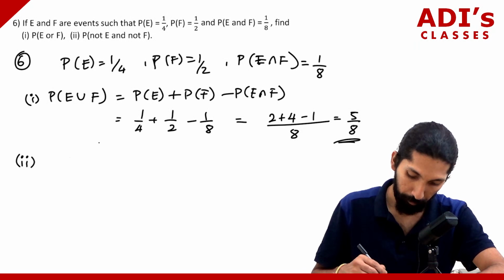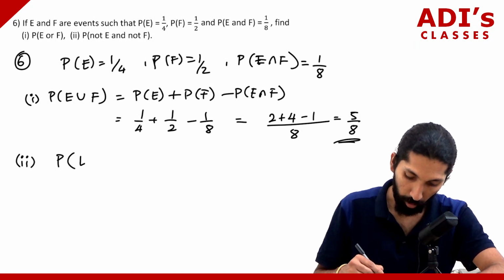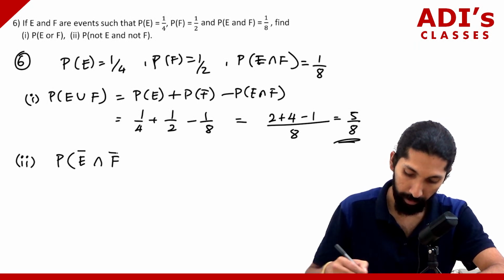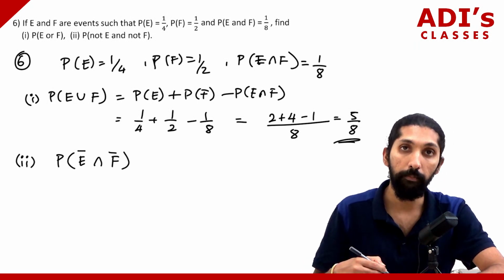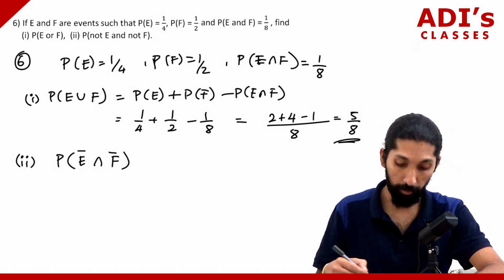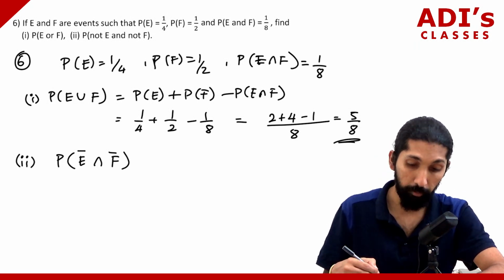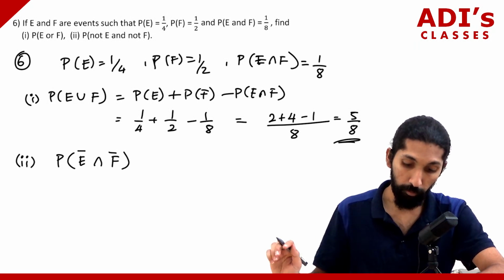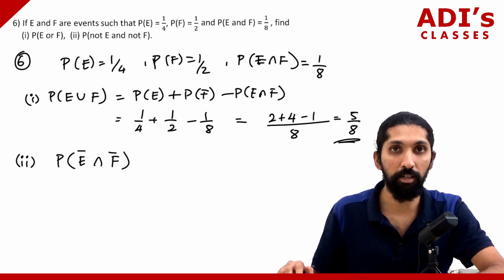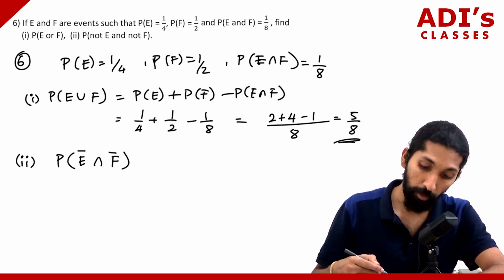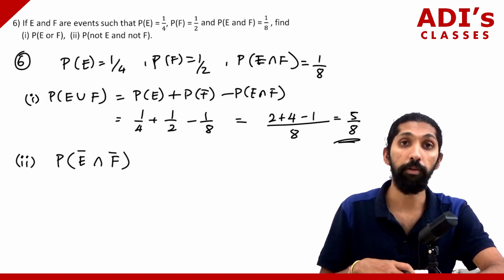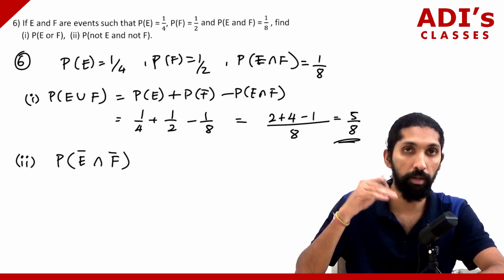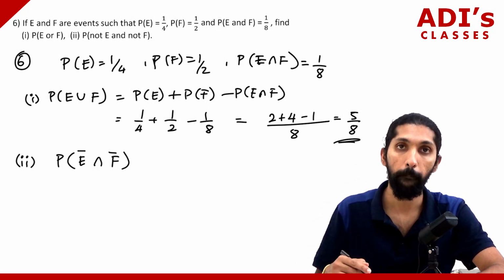you have P(E complement intersection F complement). See, first, what we'll do, we have to calculate what is E complement, right? If P(E) is 1 by 4, then P(E complement) is going to be 1 minus 1 by 4.